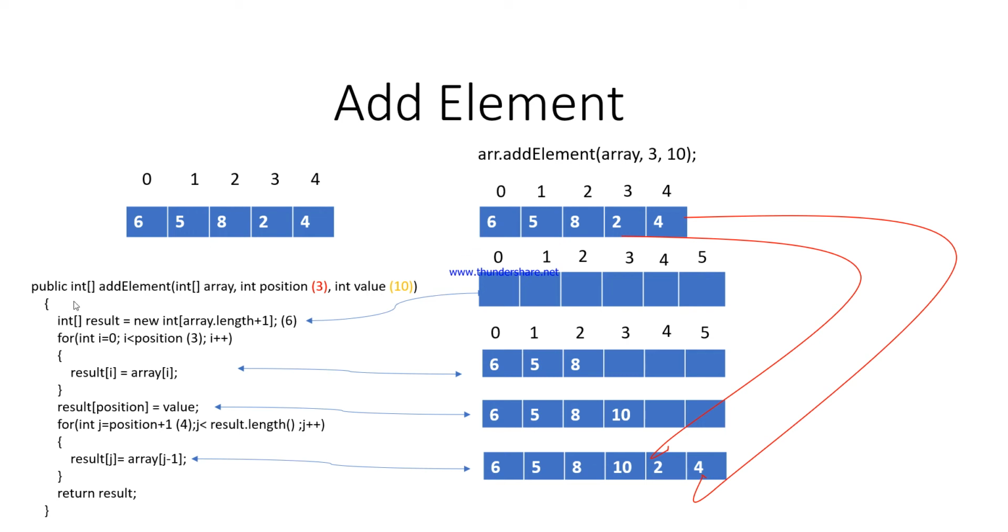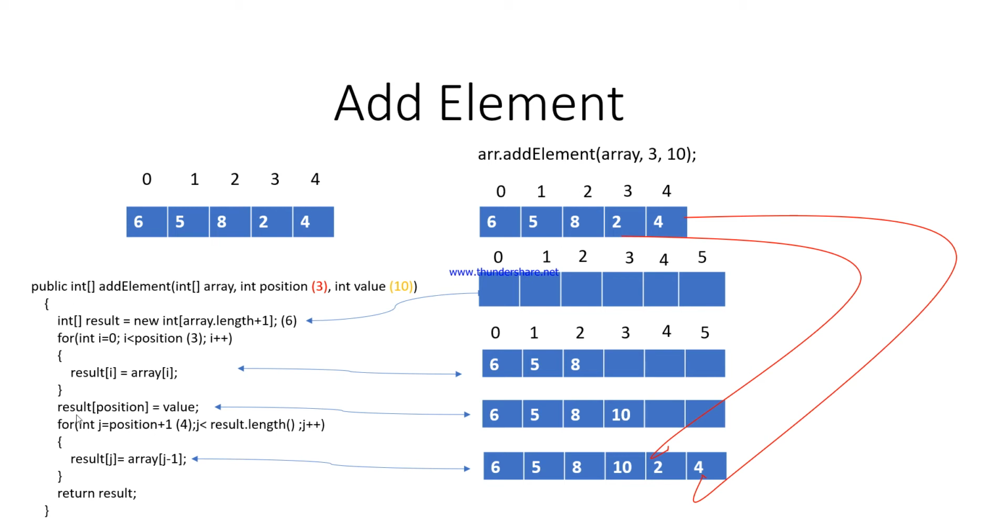In that method, I'm declaring a variable called result, which is an array with the size increased by 1, because we are going to insert an element. Hence, if the original array has length 5, the new array will have length 6.